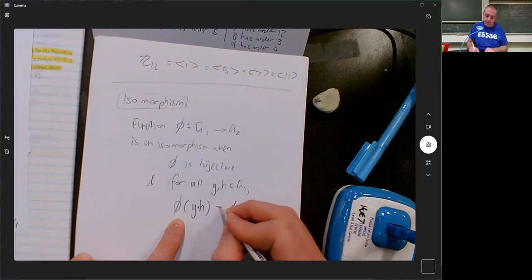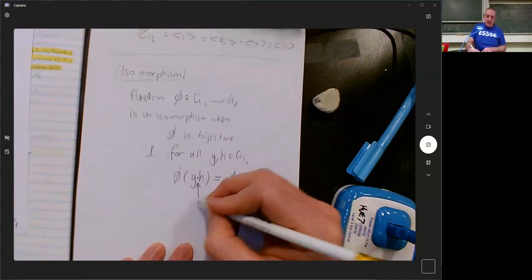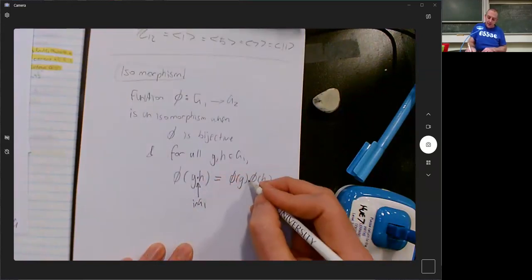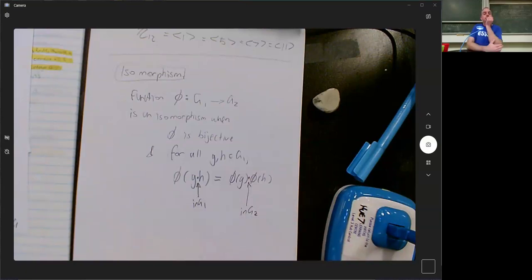So this times is in G1 and this times is in G2. And that's called an isomorphism, which means exactly the same shape. Iso means exactly the same, and morph means shape.